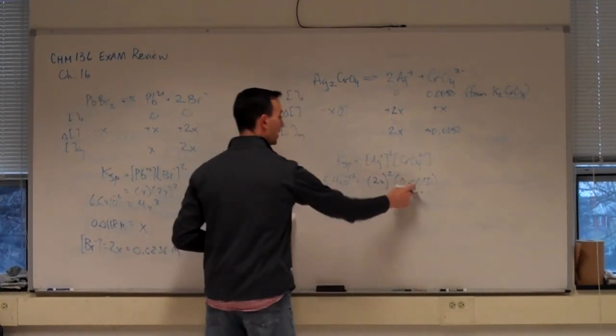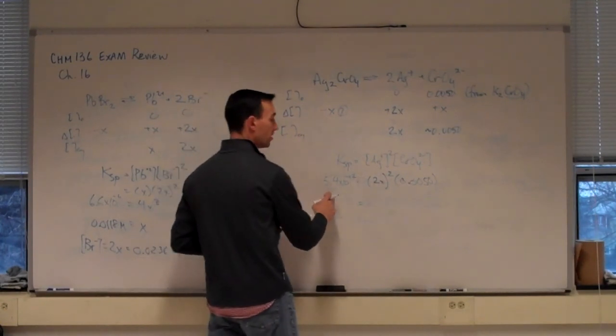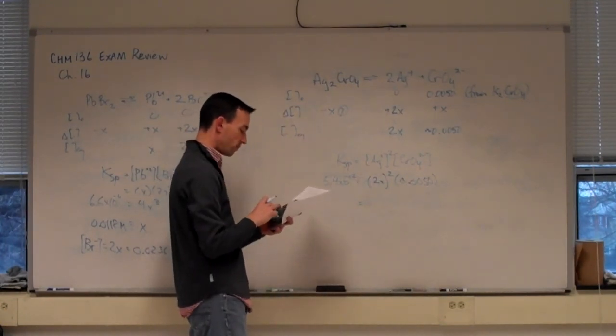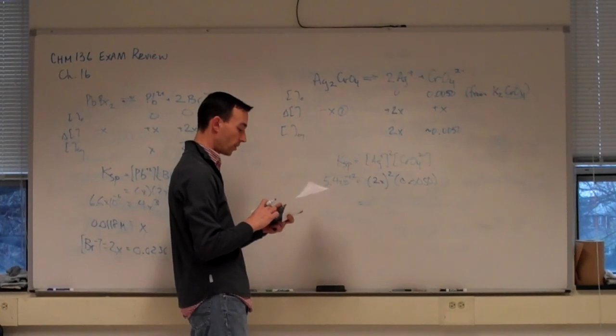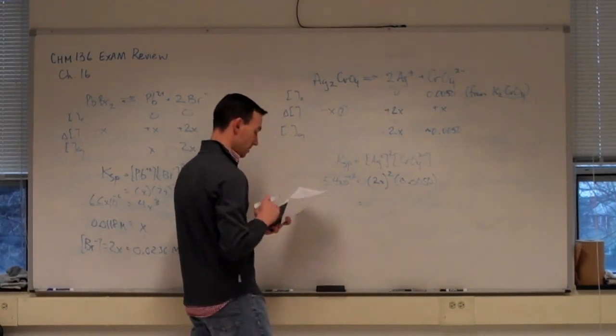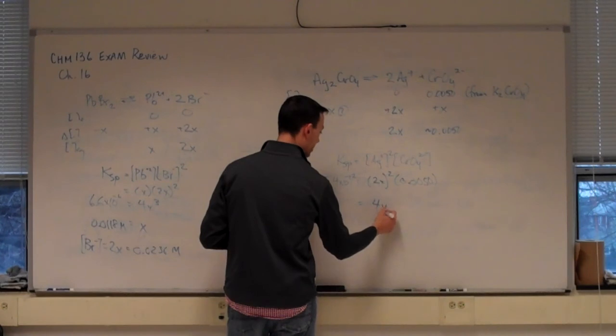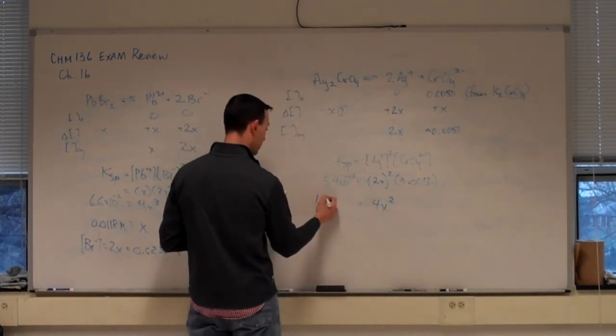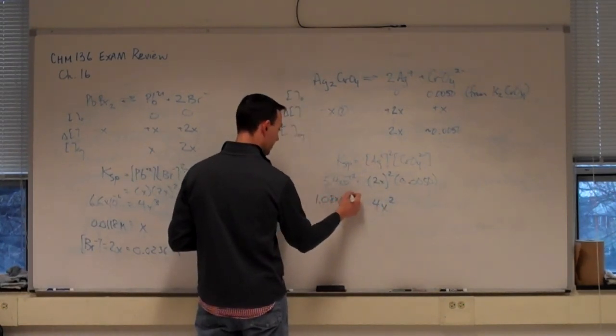So we would divide 5.4 times 10 to the negative 12 by the 0.005. Lots of ways we can do this, but this side is going to be 4x squared. This side is 1.08 times 10 to the negative 9.